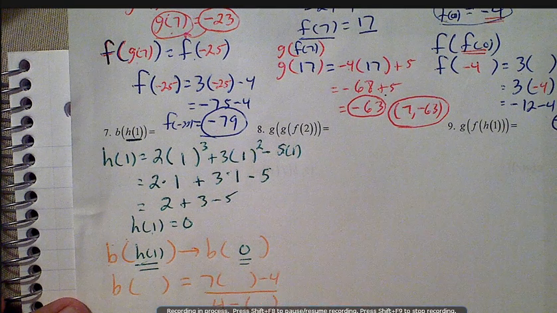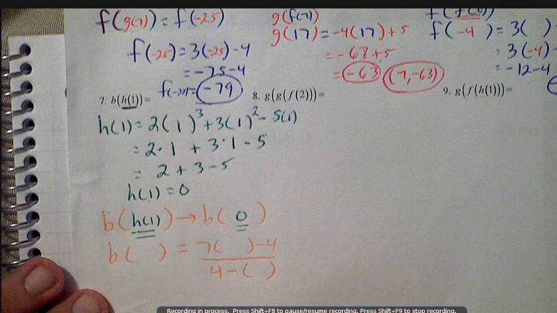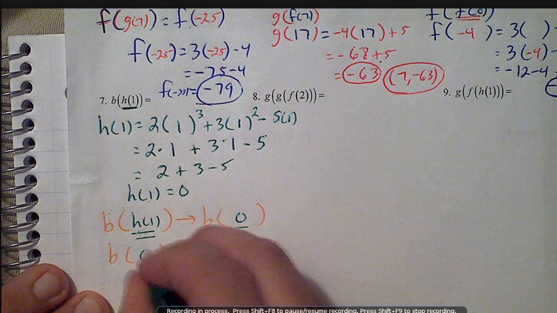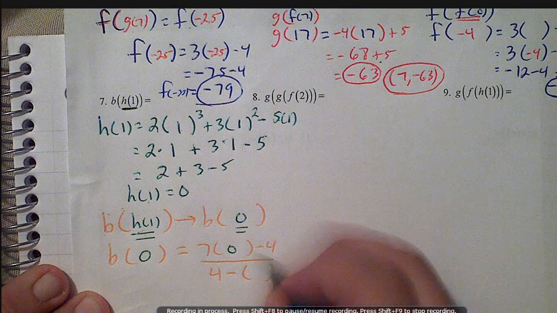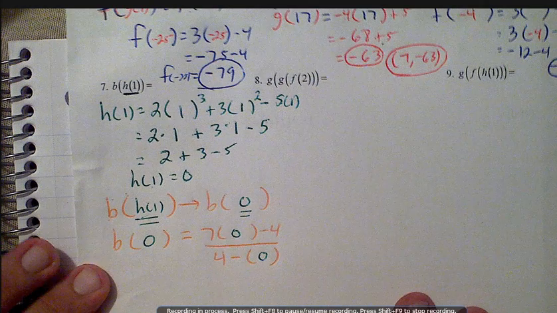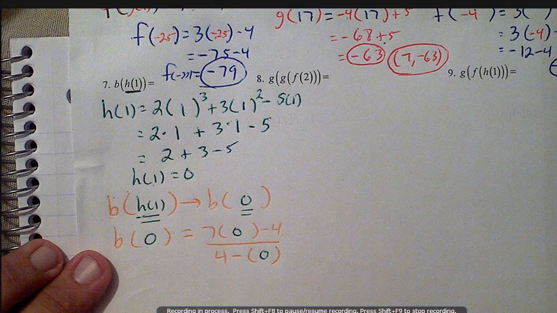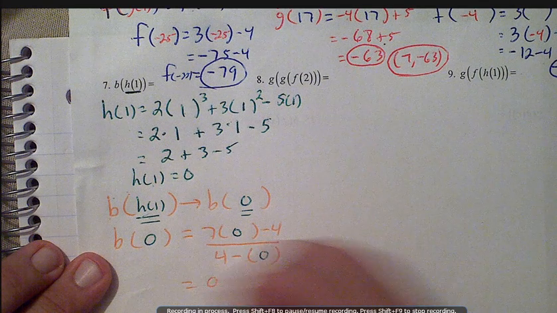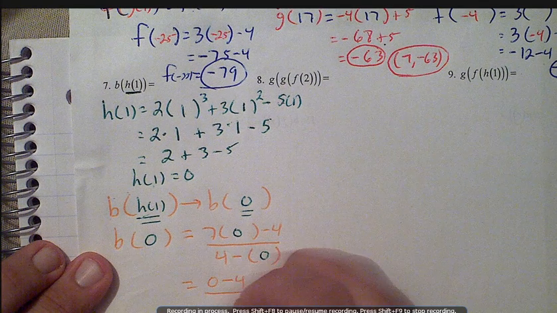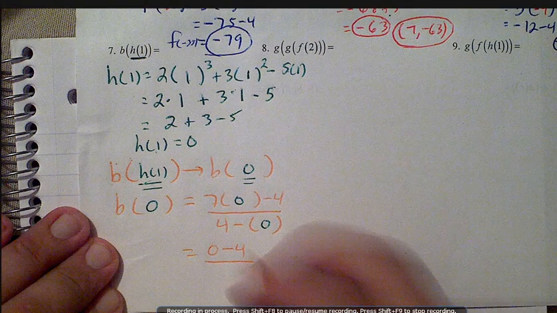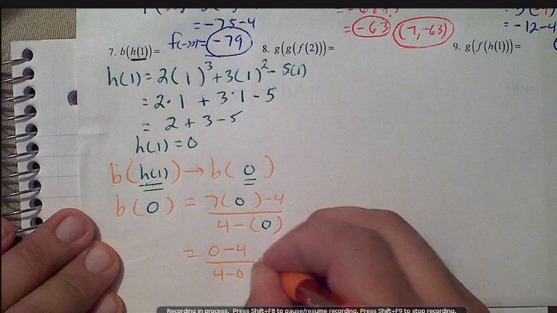So where we see the parentheses, substitute 0. And what you end up getting is 7 times 0 minus 4 over 4 minus 0, negative 4 over 4, which is negative 1 for the answer.